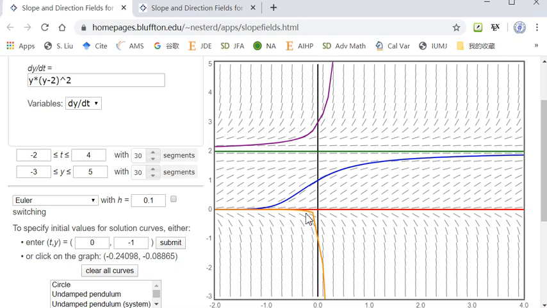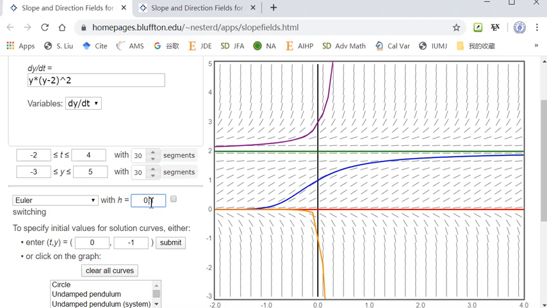But as we see, this curve is not very smooth because these curves are drawn by discretization. So there is a step h here. The h here is 0.1. If the curve is not smooth, we can decrease this step h.